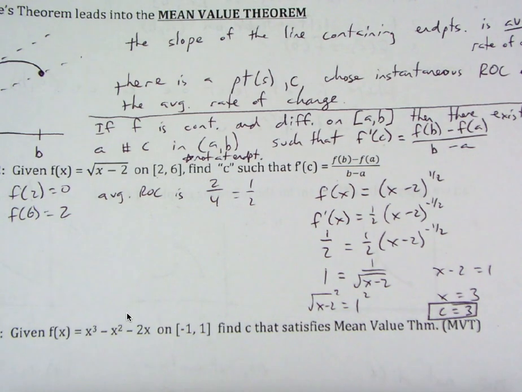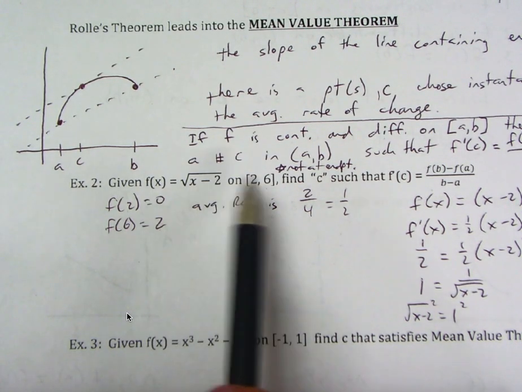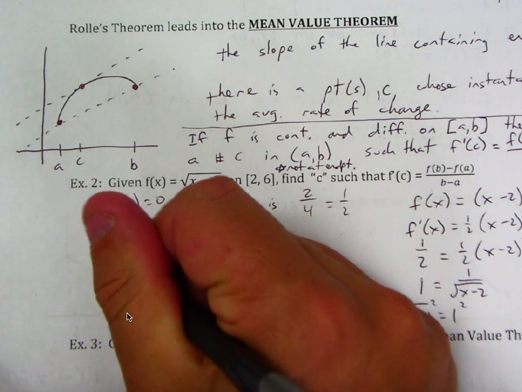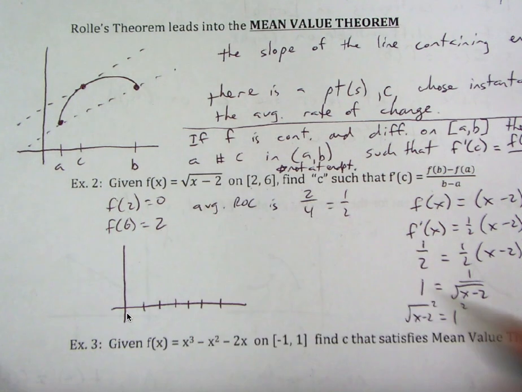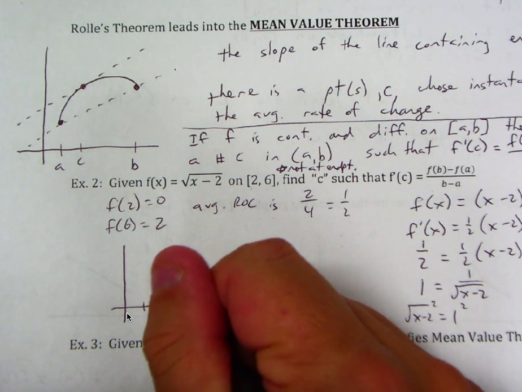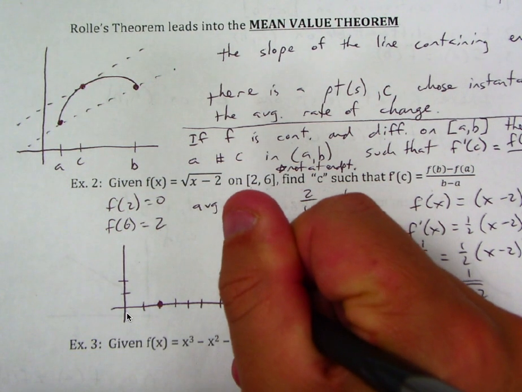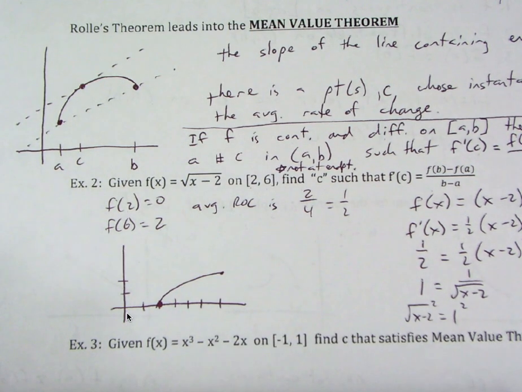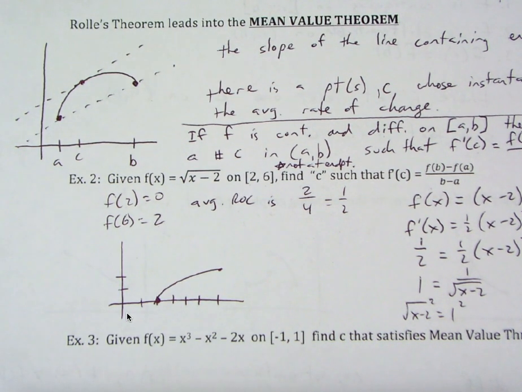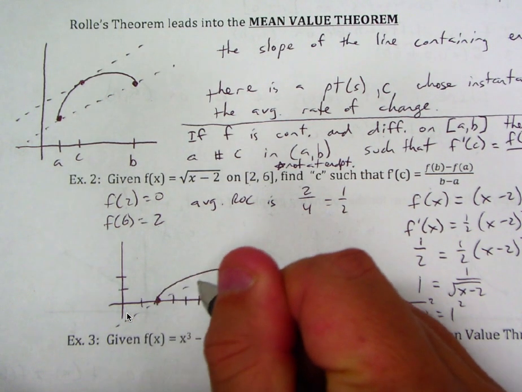I think it's important for you guys to see visually what this means. All right, I want to graph this function on 2 to 6. I want you guys to see exactly what it is we just found. So I know it's at 2, 0, and 6, 2 here. And it's the square root function, so it looks something like this. So what I did in this problem, I first found the average rate of change to be 1/2.